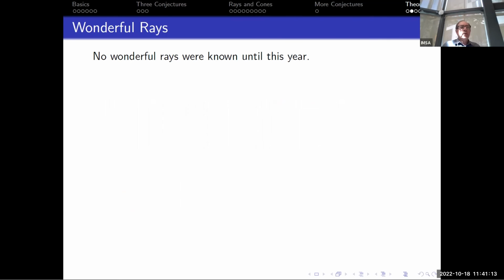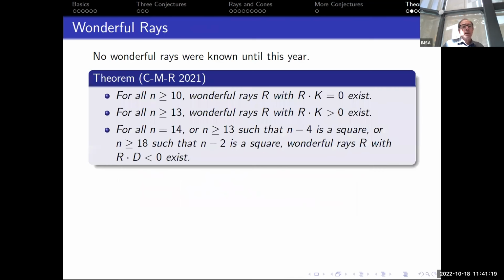I want to explain a little bit at the end of the talk now how we constructed some wonderful rays. So the result that we proved last fall was that for all n bigger than or equal to 10, wonderful rays exist at the boundary of the positive part of the Mori cone, where k is 0. Okay.